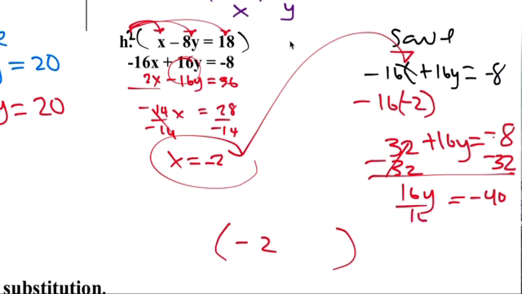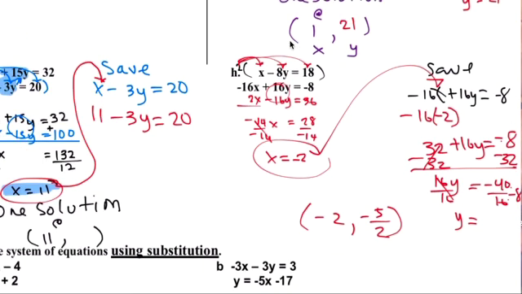Divide by 16, reduce that by 8. You get negative 5 over 2. Or if you divide it, you get negative 2.5.